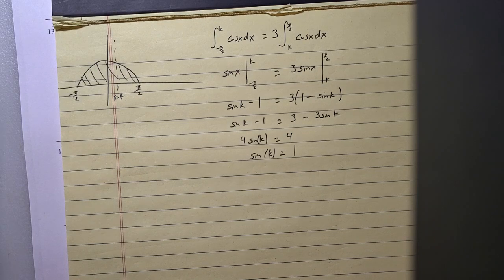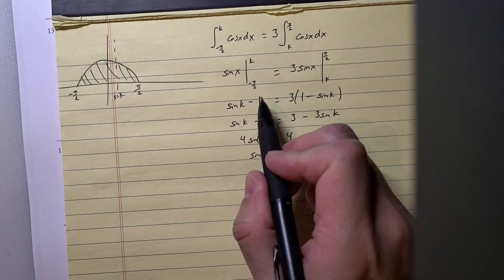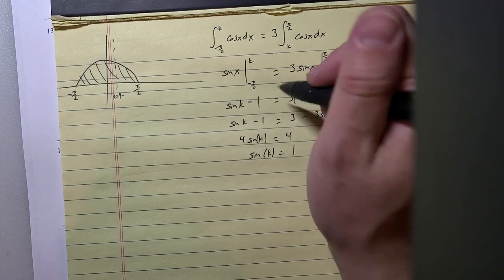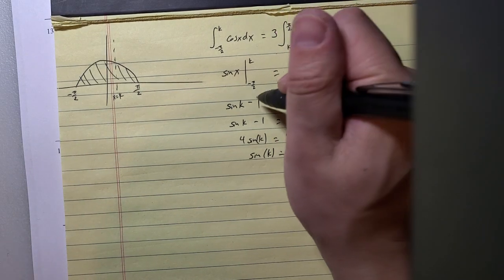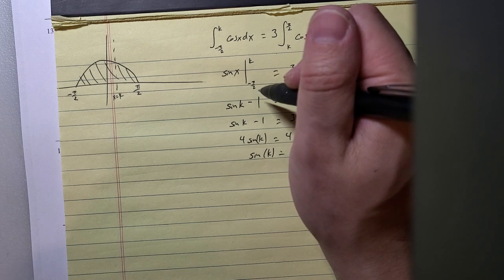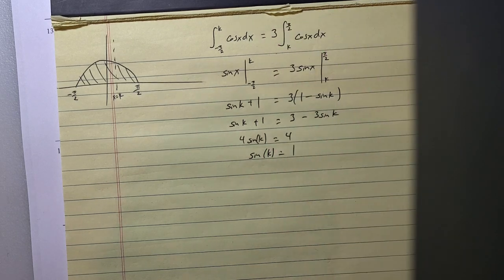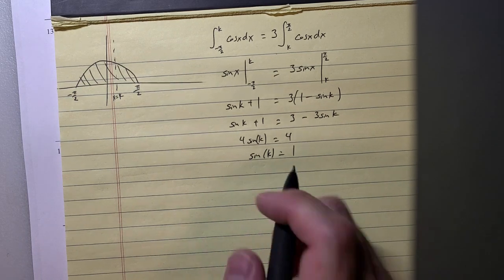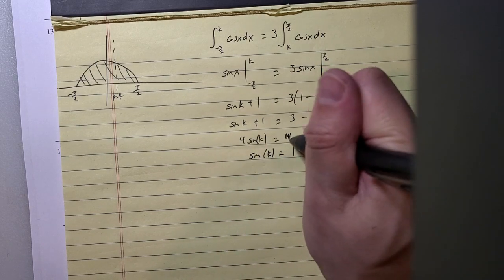Let me double check. Is it because this is minus negative 1? Is that the reason why? Okay, so if that's the case, then this is just 2.